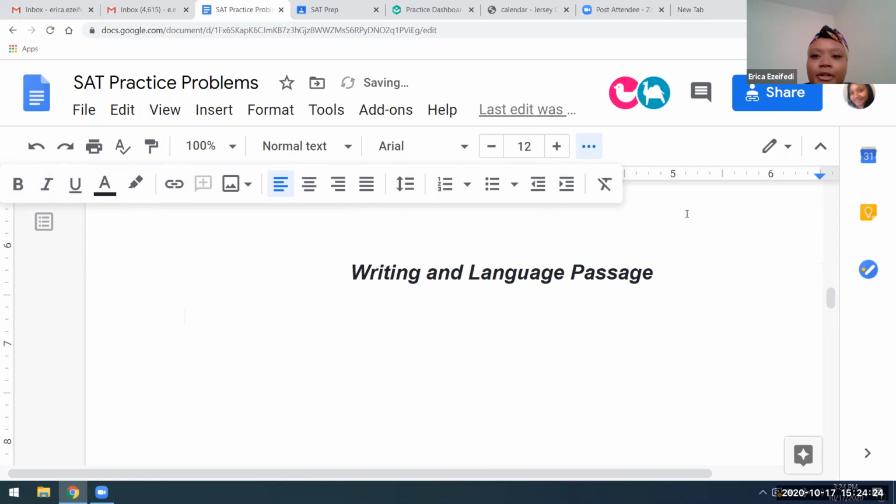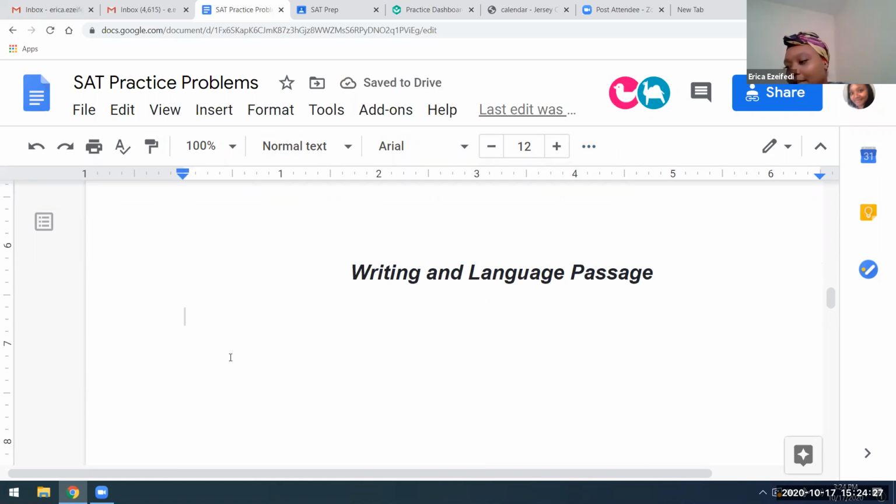When we're reading the writing and language passages, it's basically testing our grammar, what words mean in context, the command of evidence, meaning do the paragraphs provide evidence for what they're saying, and how we express ideas. So that's what the writing and language passage is going to cover.